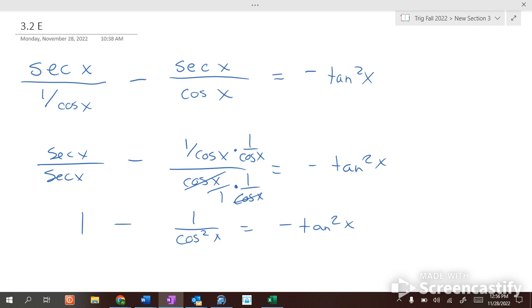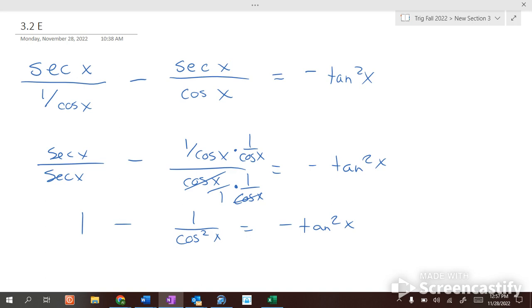And all of a sudden it's like 1 and tangent squared. Oh, I think I got a Pythagorean identity with 1 and tangent squared. What would it be, McKenna Shaw? The 1 and tangent squared? Pythagorean identity? The middle one, which is, say it out loud.